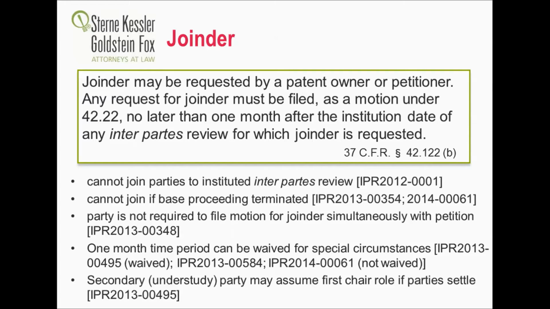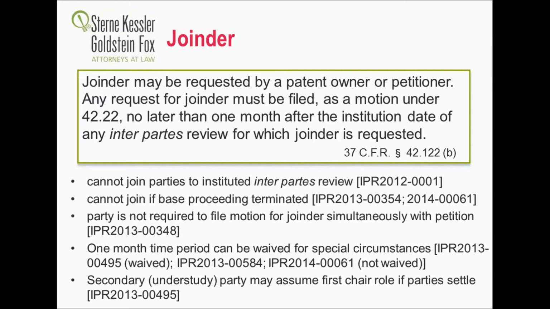Now, there's been other circumstances where the first petition is filed. For example, if you have a joint defense group situation, one member of the joint defense group decides to file an IPR. The others don't participate in that process. But the IPR gets instituted. Well, what happens if that party settles with the patent owner and everyone else in the joint defense group is now 1 year barred?